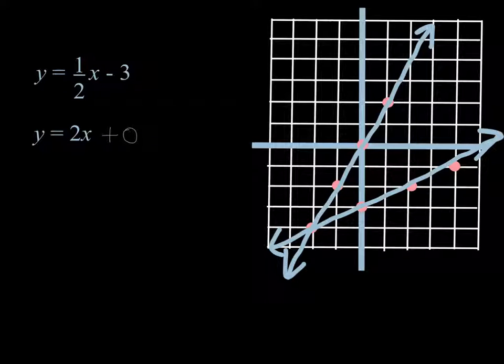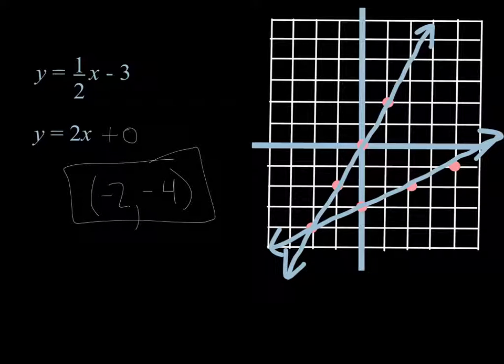The solution is a coordinate pair, and the x-coordinate is negative 2. The y-coordinate is negative 4. And this is your solution to this system of equations. And you could double check it, and you should, by plugging it back into both of these equations.